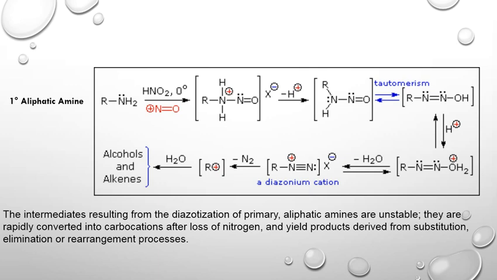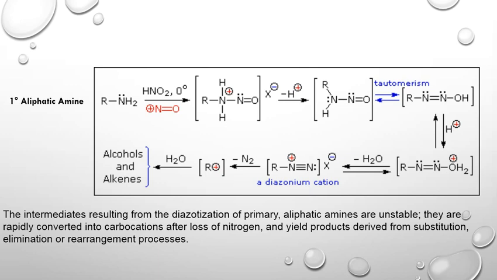So the intermediate resulting from the diazotization of primary aliphatic amine is unstable, so it is rapidly converted into a carbocation after losing nitrogen, and yields products derived from substitution, elimination, or rearrangement processes. It may produce a primary carbocation, and if there is a chance to convert to a secondary or tertiary carbocation, all these intermediates will give different final products.